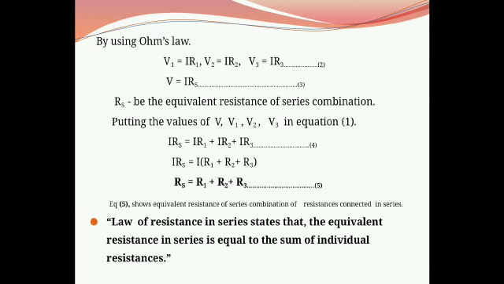On both sides, I gets cancelled. Therefore, the last equation is Rs equals R1 plus R2 plus R3. This is equation number 5, and it shows the equivalent resistance of resistances connected in series combination.